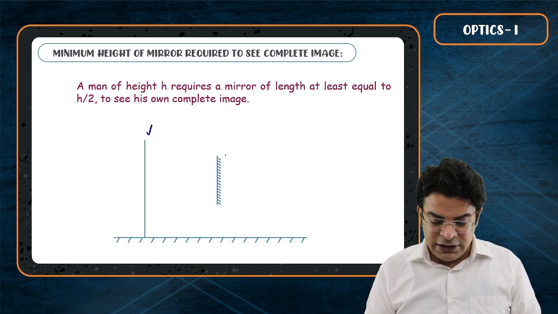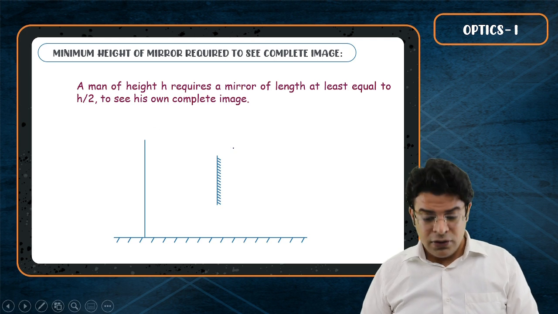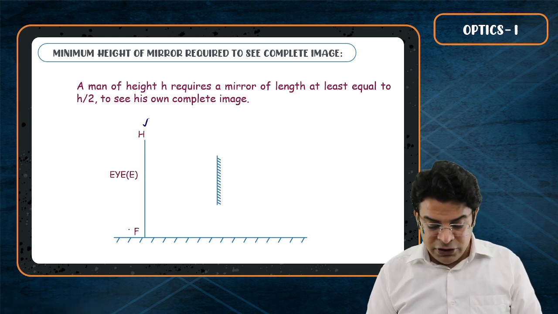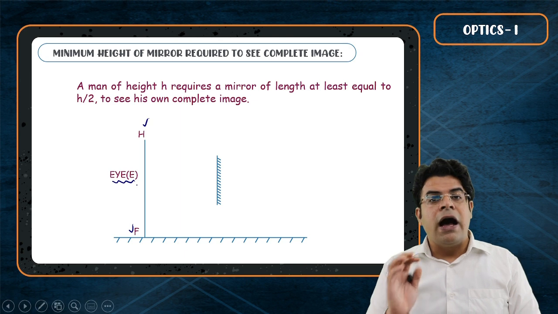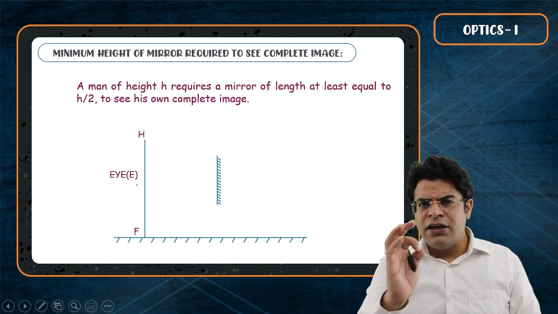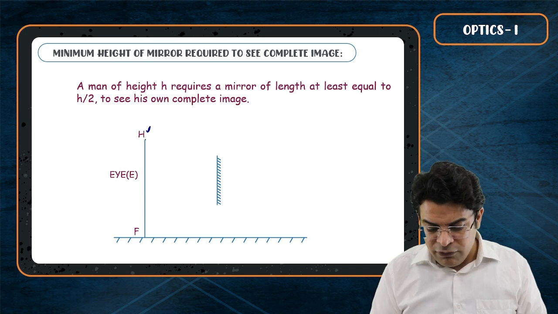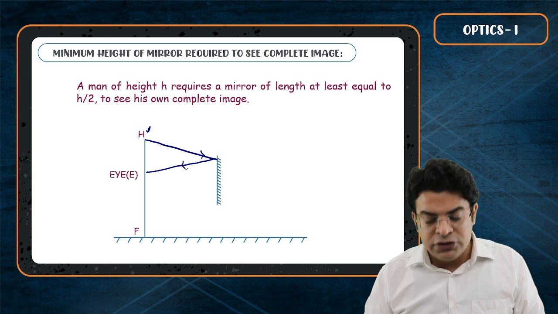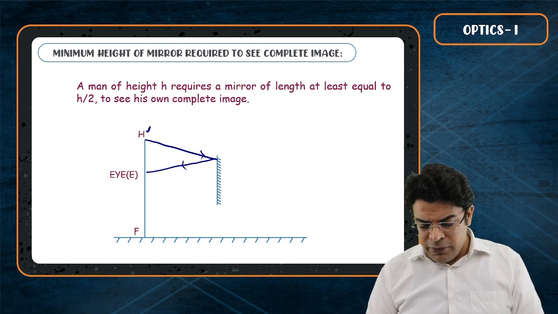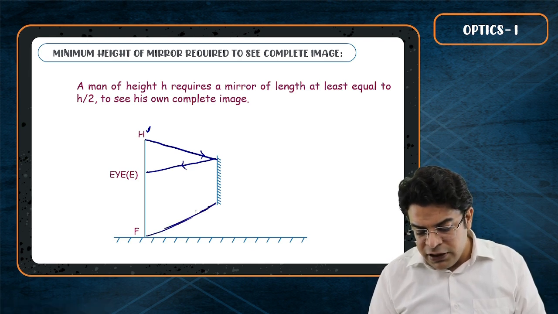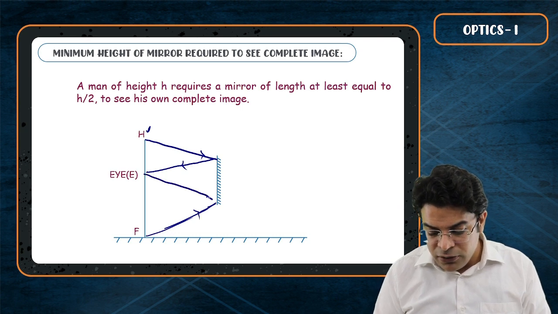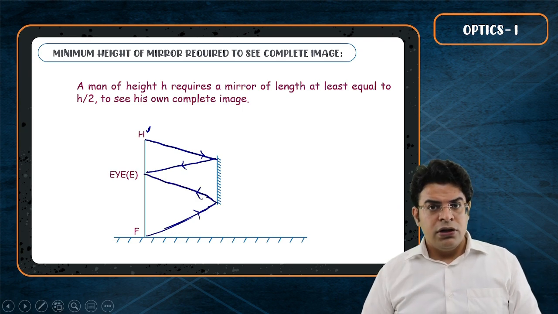Let's say here is the person, here is the mirror, and let's say this is the head of the person, foot of the person, and location of eye of the person. To see the complete image, one ray coming out of the head after hitting the mirror should enter into the eye of the person, and one ray coming out of the foot of the person after hitting the mirror should enter into the eye of the person.